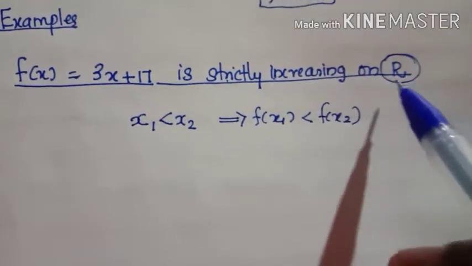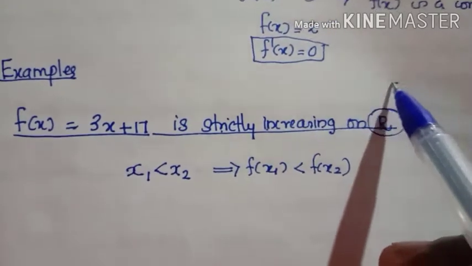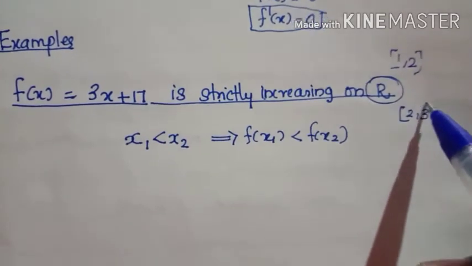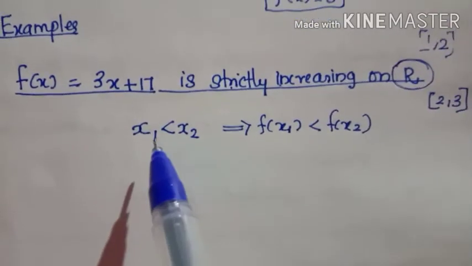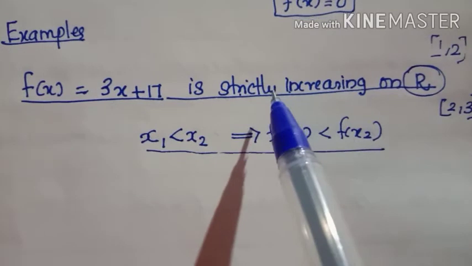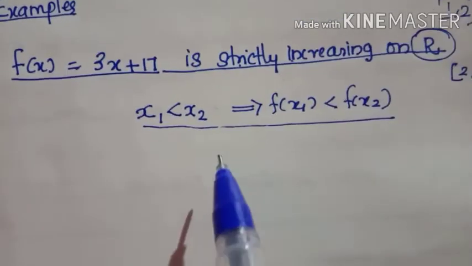If we specify an interval, say the interval 1, 2 or the interval 2, 3, then we can consider the derivative form. Otherwise, we have to use this formula to verify whether the function is strictly increasing or decreasing.